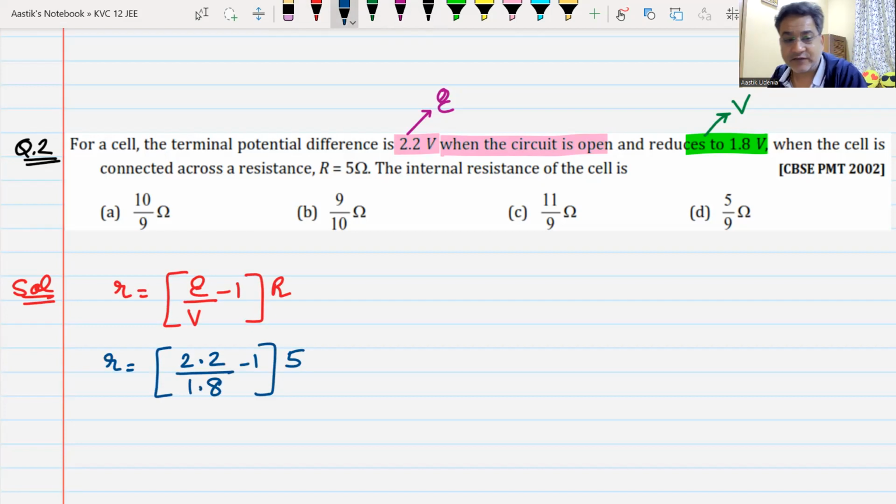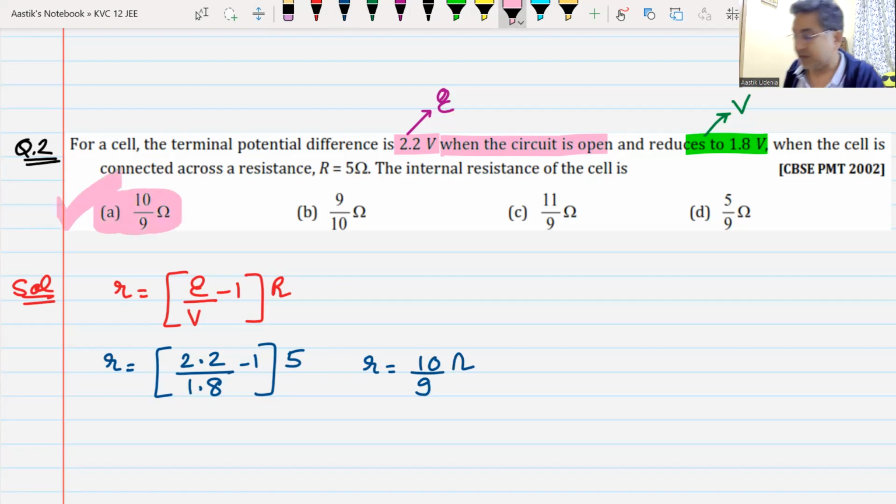This is the answer that we are looking at. And I think the option you will get is 20 by 18, or the internal resistance r will be 10 by 9 ohms. Everyone got this answer? Sir. Well done. Girls, are we getting these answers?